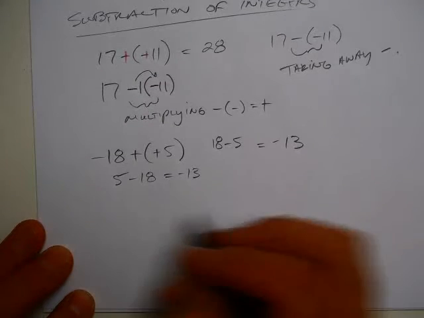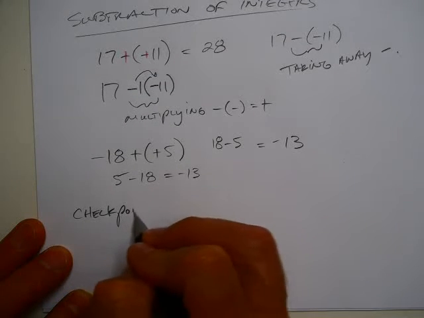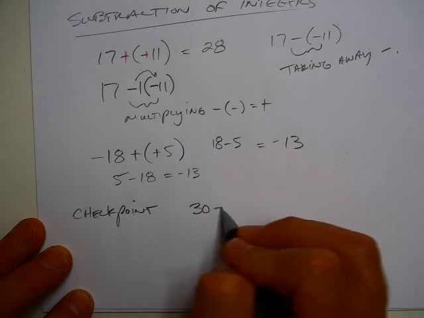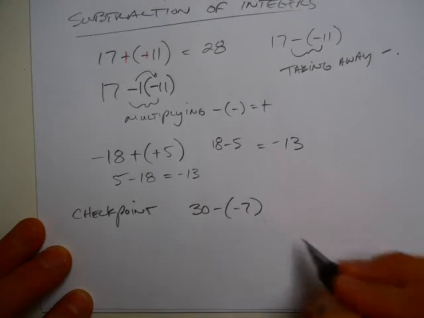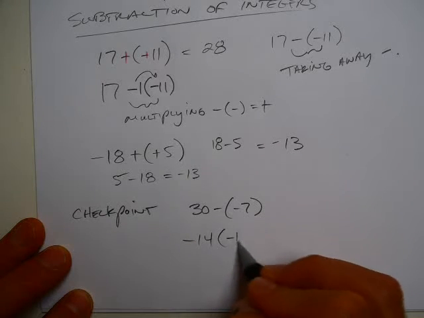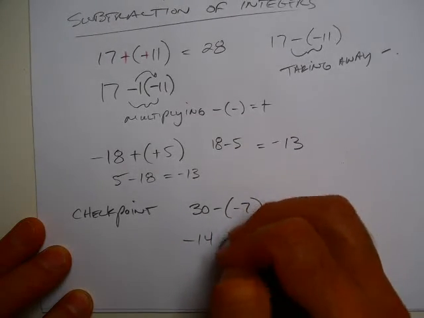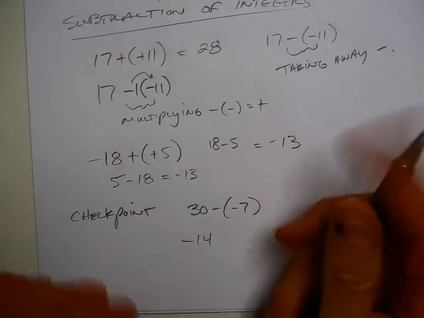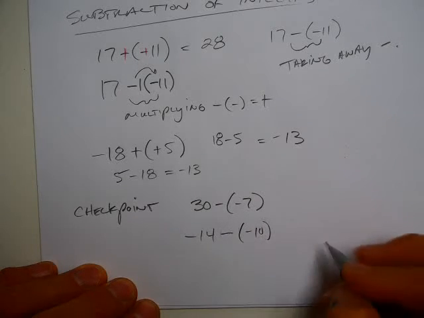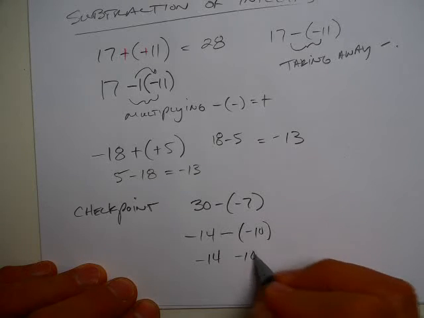So check. How about 30 minus a -7, -14 minus a -10, and -14 minus 10.